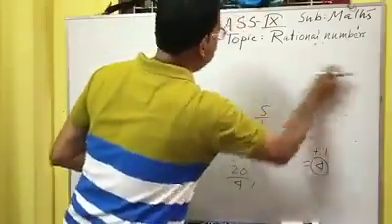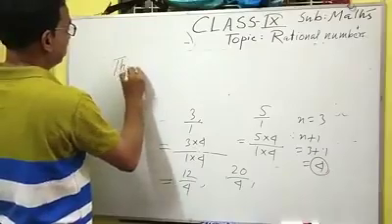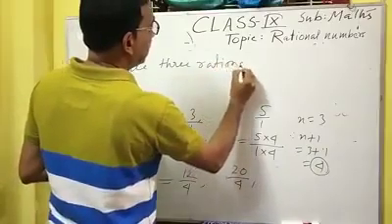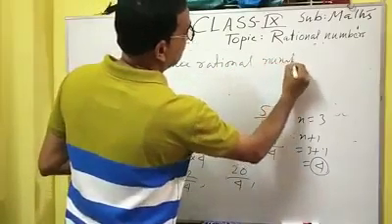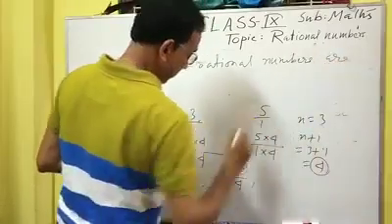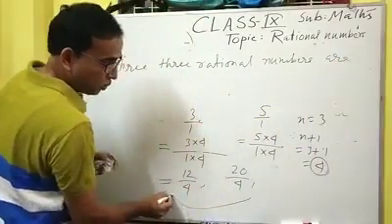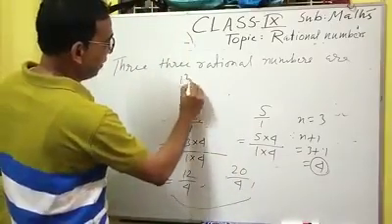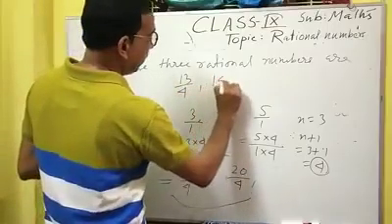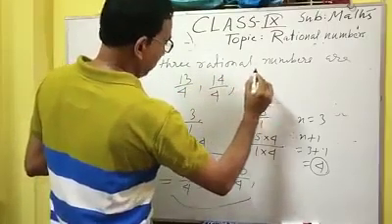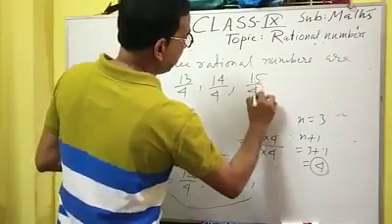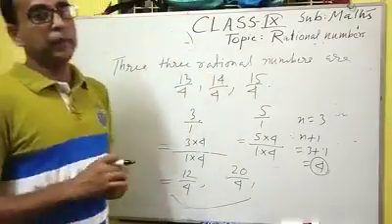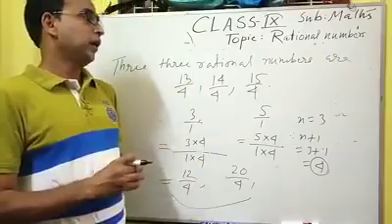So we can write the three rational numbers between these two numbers: 13 by 4, 14 by 4, 15 by 4. Okay? In this way, you can solve these types of problems.